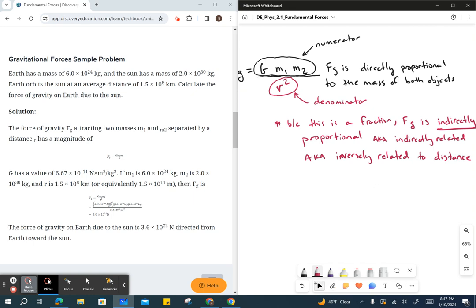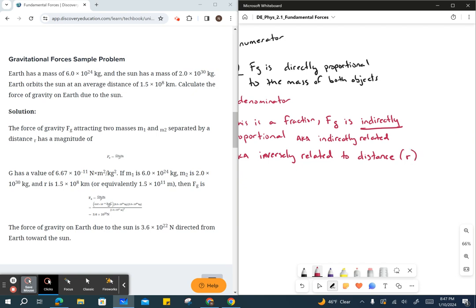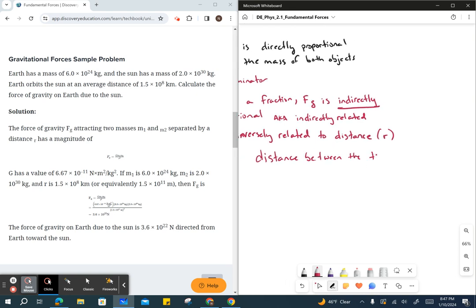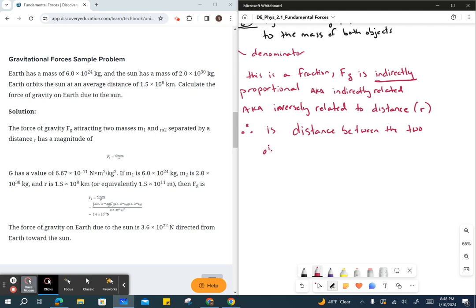And remember, distance is represented by the letter r in this case. Therefore, if the distance between the two objects increases, then the force of gravity between them decreases.